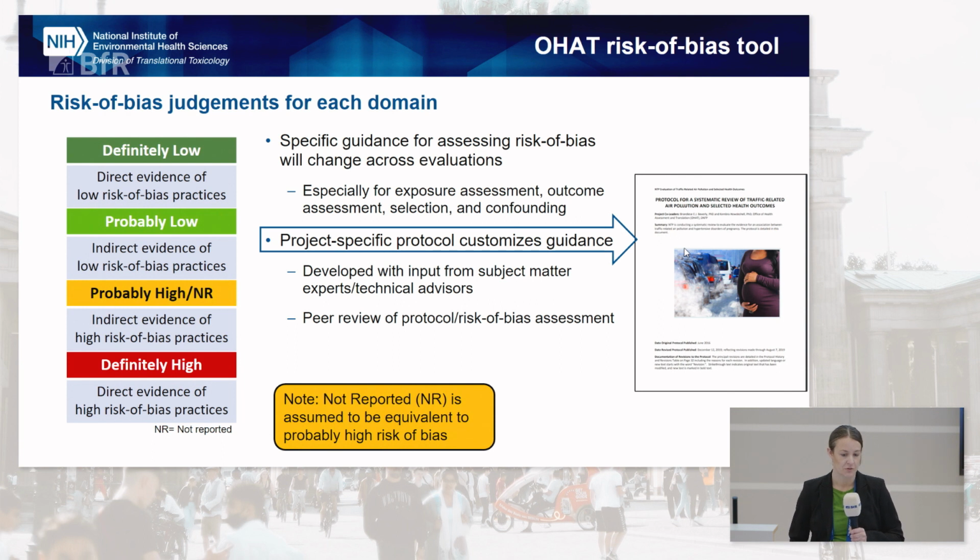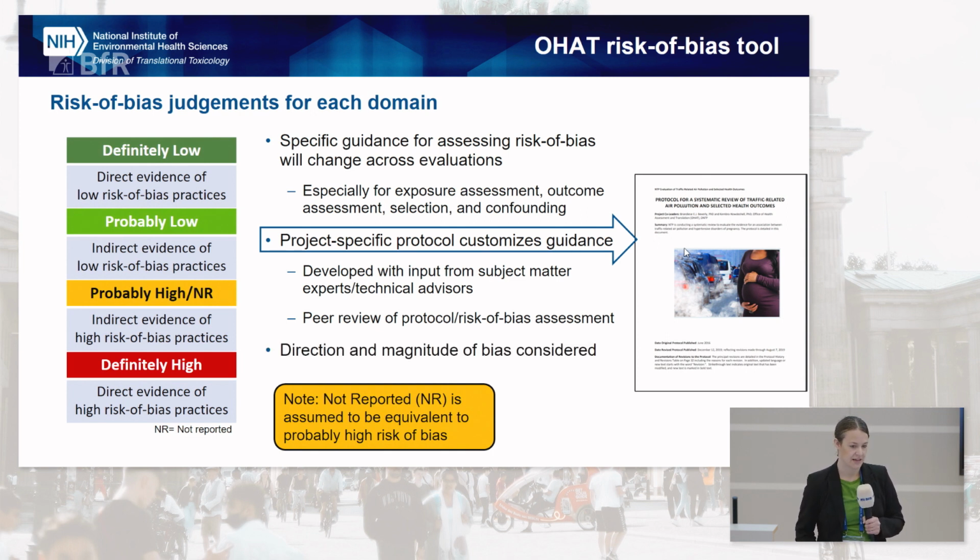So when we do our assessments, we develop a project-specific protocol with customized risk of bias guidance. This is developed with input from subject matter experts and technical advisors. That's very important when we are creating a protocol. And the protocol is also peer-reviewed, and within that protocol is the risk of bias assessment.